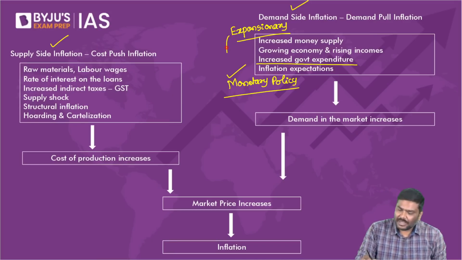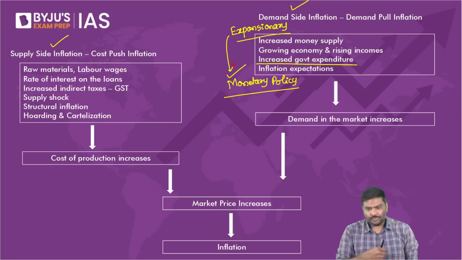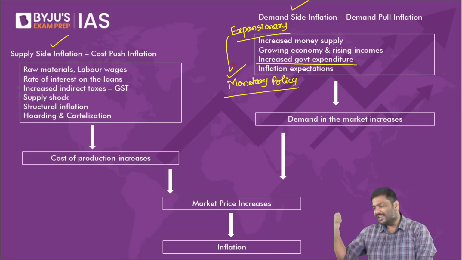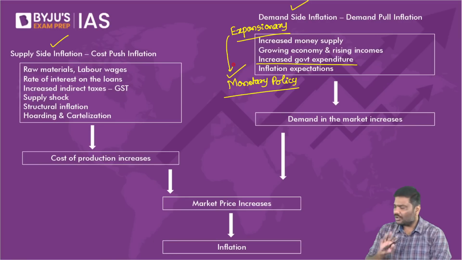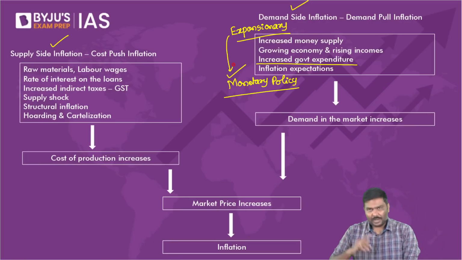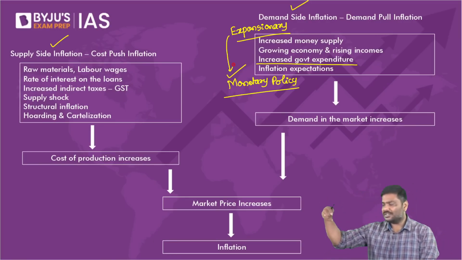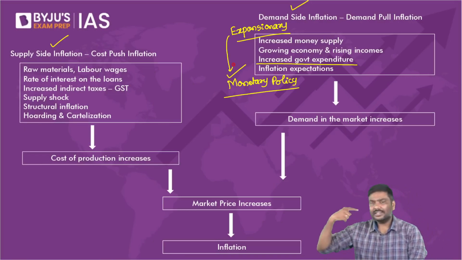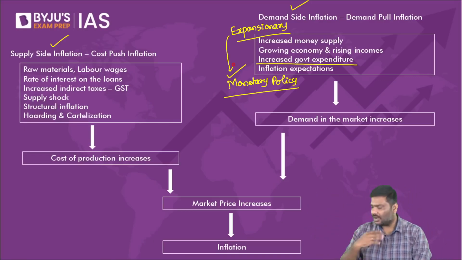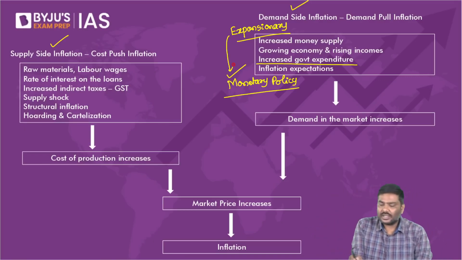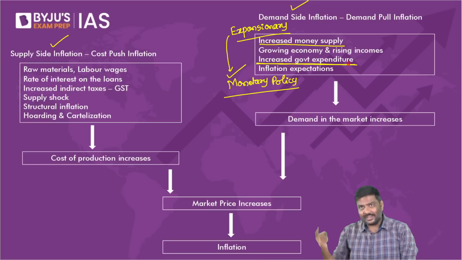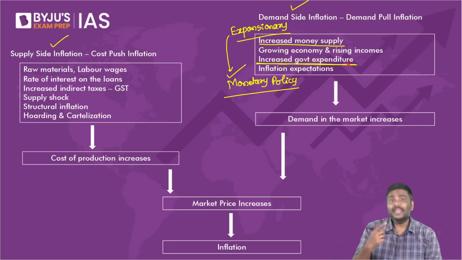So please tell me, if RBI follows expansionary policy, can the demand increase in the market? All of you will agree with me? And can that cause inflation in the market? Of course, yes. Whenever there is increased money supply, whenever government expenditure increases, can it cause inflation?